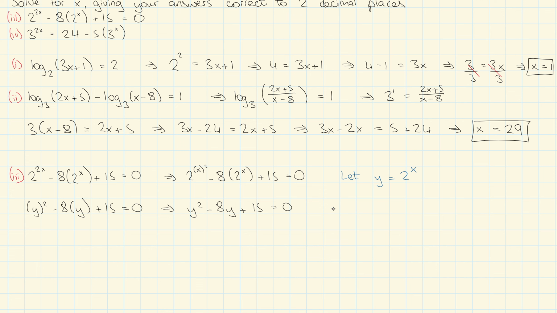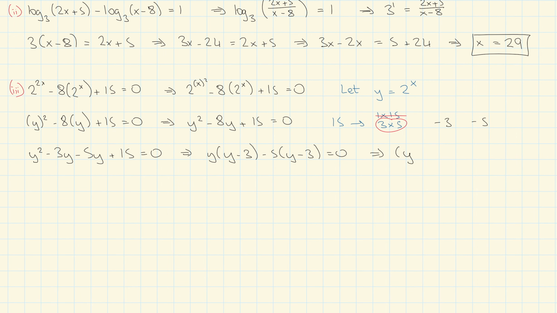Okay, so my factors of 15 are 1 by 15, 3 by 5. I'm looking to get minus 8, so it'll be minus 3 minus 5. We have y squared minus 3y minus 5y plus 15. y times y minus 3, minus 5 times y minus 3 equals 0.